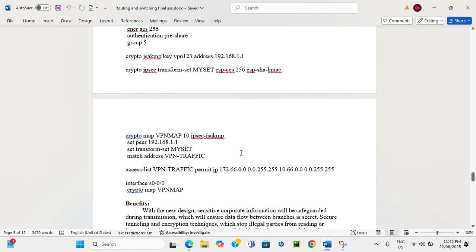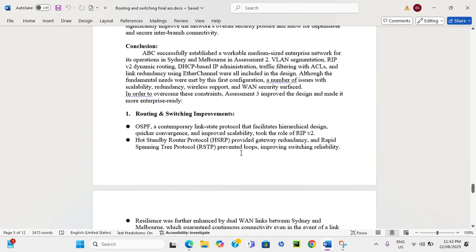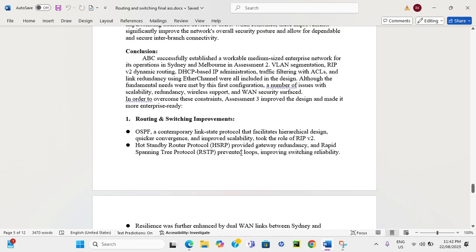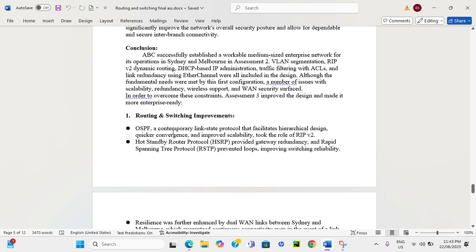In conclusion, my improved design transformed ABC's network into an enterprise-class solution. I replaced RIP with OSPF for speed and scalability.